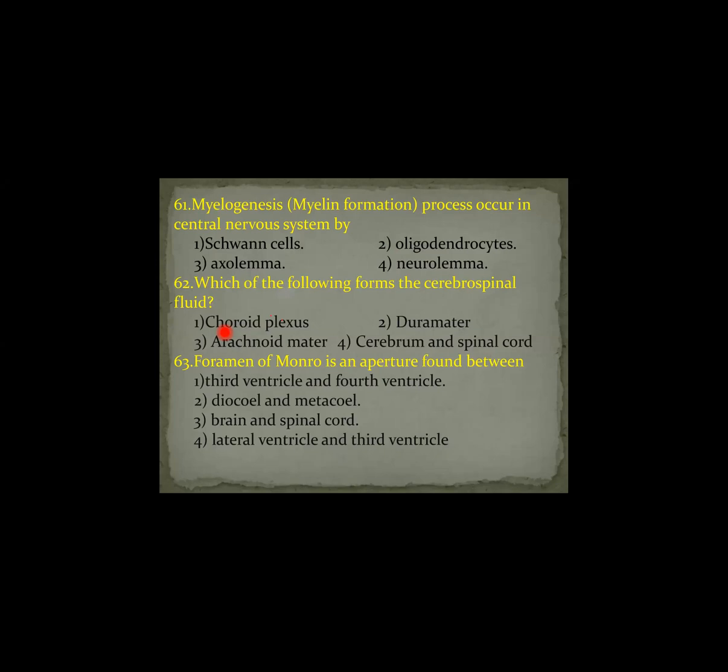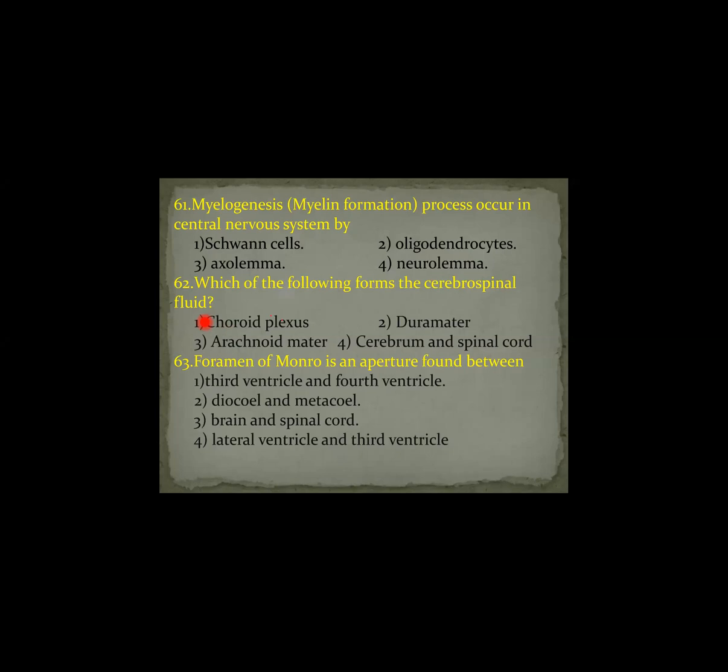The first choroid plexus is present in the epithalamus and the second choroid plexus is present in the medulla oblongata. What is choroid plexus? A network of blood vessels and nerve fibers is called the choroid plexus. That choroid plexus is involved in the secretion of cerebrospinal fluid. Therefore, answer is first one.